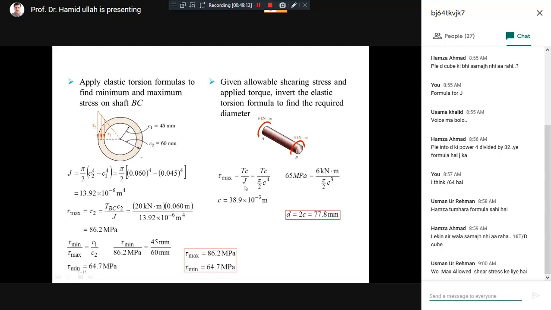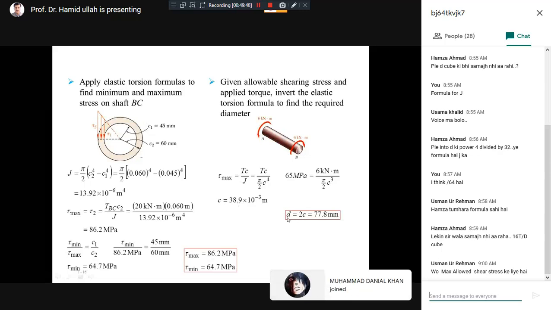Now the formula for shear stress is torque multiplied by C divided by J, and J depends on the radius C. So this is the formula for J. T is given, 6, you can see from the figure. We want to find the diameter, so once we find the radius, you multiply the radius by 2 and you get the diameter. You put the values and get C equal to this much, and then multiply C by 2 to get the diameter. So this is the diameter of the AB part of the shaft, for which the shear stress is given.